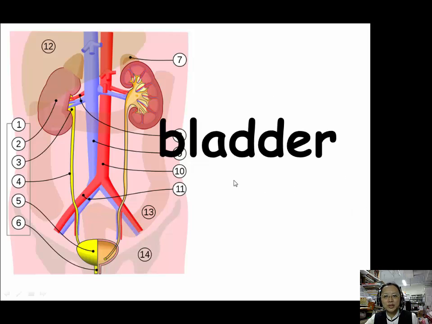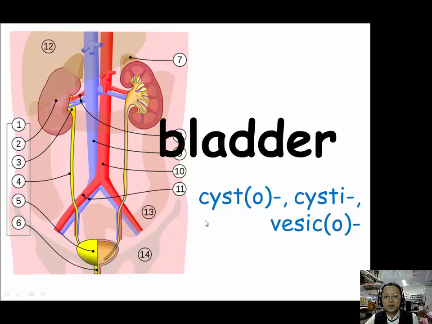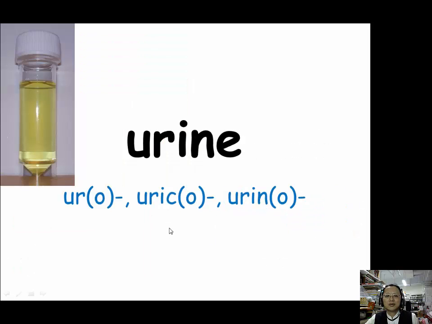Let's review what we learned. For bladder, we have three prefixes, cysto, cysti, and vesico, V-E-S-I-C-O. For urine, we have three prefixes, uro, U-R-O, urico, U-R-I-C-O, and urino, U-R-I-N-O.